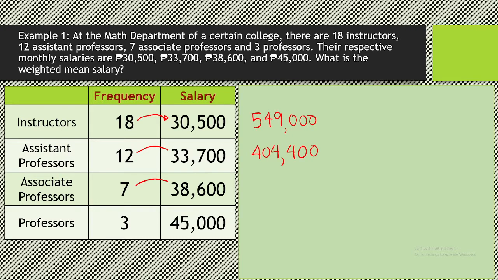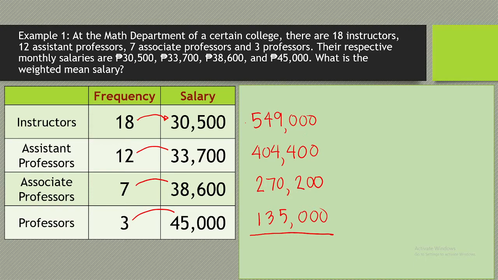The result is 270,200. The same thing with 3 times 45,000. The result is 135,000. So after multiplying the weights and the salaries, you add all of these numbers over here.